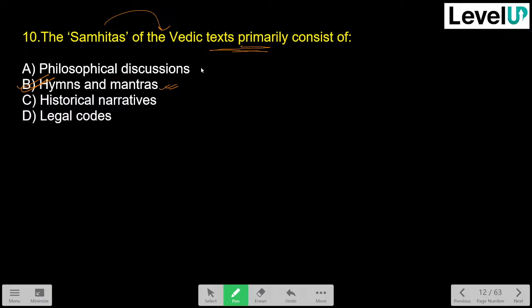It is not philosophical discussions. Philosophical discussions are there in the Upanishads, and we know close to 108 Upanishads. So in the Samhitas, the primary texts are hymns and mantras.